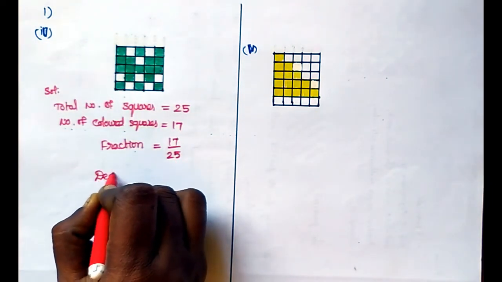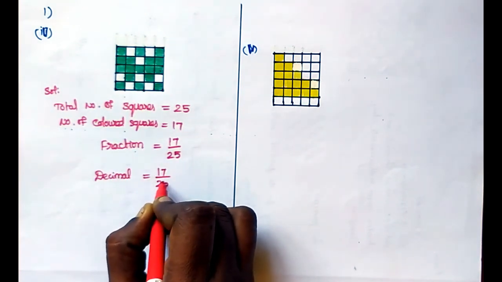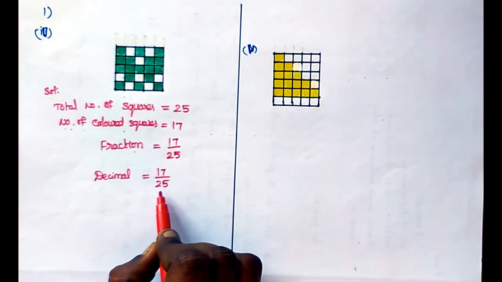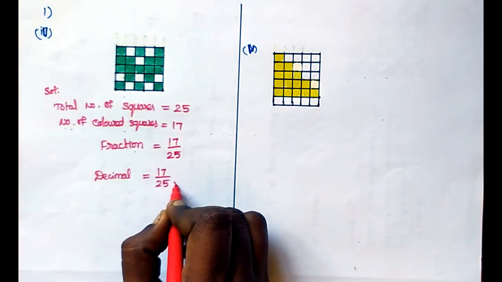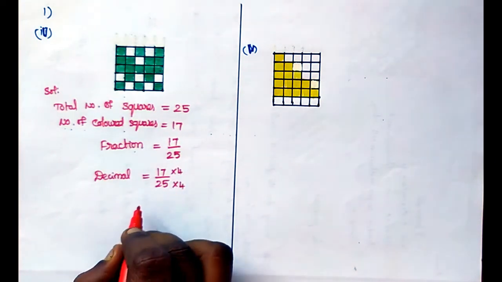Next, in decimal, 17 by 25. Now we want to convert into 100, so which number do we have to multiply? 4. The same number we have to multiply with 17 also.